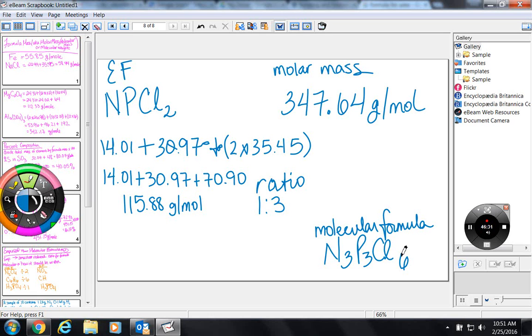The 1 is this side, and the 3 is that side. This divided by this is 1. This divided by that is 3. Something divided by something else is a ratio.